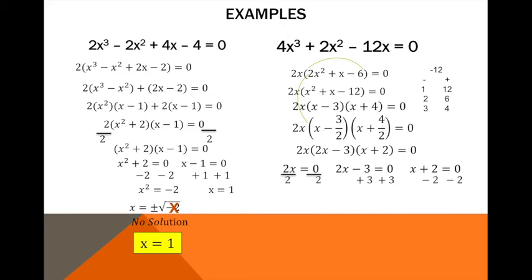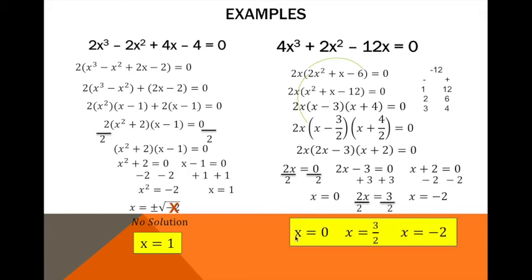So the first one I will divide by 2, the next one I will add 3, and subtract 2 for the last one. So x equals 0, 2x equals 3, and x equals negative 2. My middle one I still need to solve some more, so I'm going to divide by 2. So my final answer is x equals 0, x equals 3 over 2, and x equals negative 2.